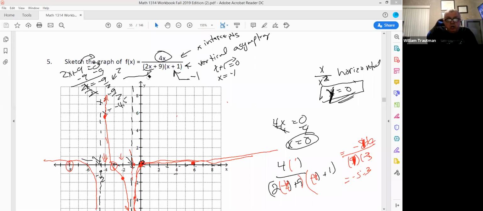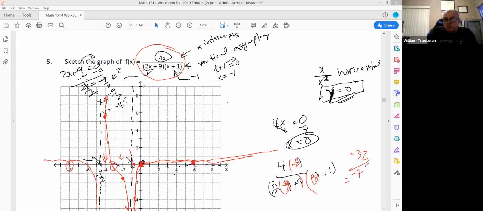So you're putting all these numbers into the original equation. This was the original equation, right here. If I put -8 in there, put -8 here, put -8 here, -8 times 4 is -32. 2 times -8 is -16 plus 9 is -7.